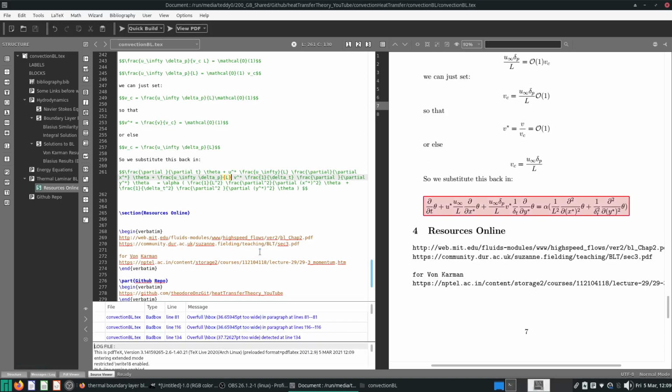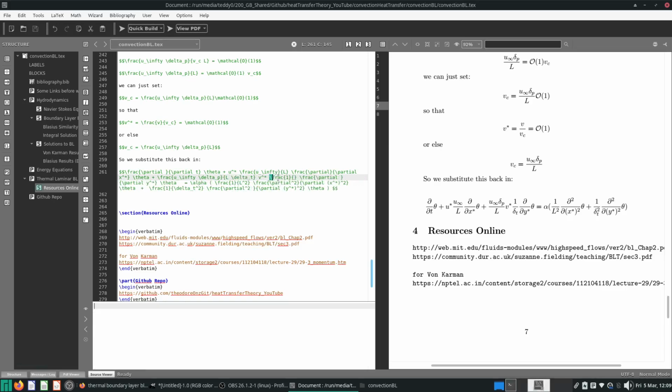Now we can put this delta T together at the bottom here, because now this boundary layer thickness is a little bit different.